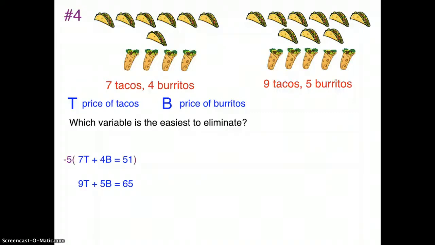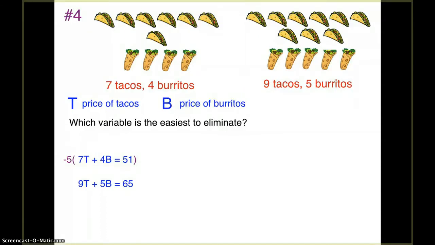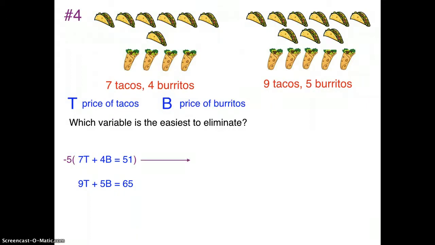So I'm going to go ahead and multiply the first equation by a -5 in order to get my 4b to become a 20b. Then I'm going to change the equation into -35t minus 20b equals -255.